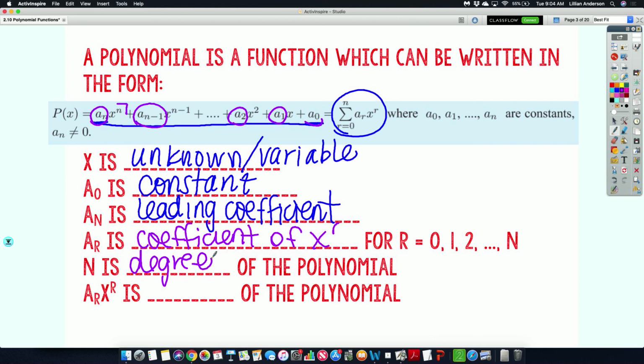And then lastly, what is that a sub r x to the r? What could it be?